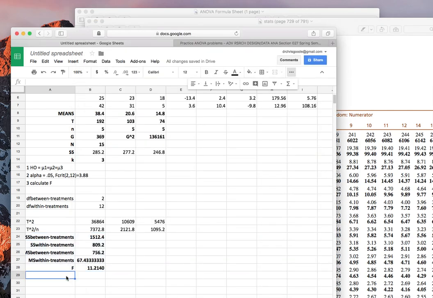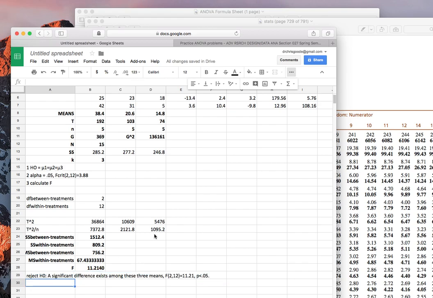And so now we reject the null hypothesis, right? A significant difference exists among these three means, with F of 2 and 12 degrees of freedom equal to 11.21, and P is less than 0.05.